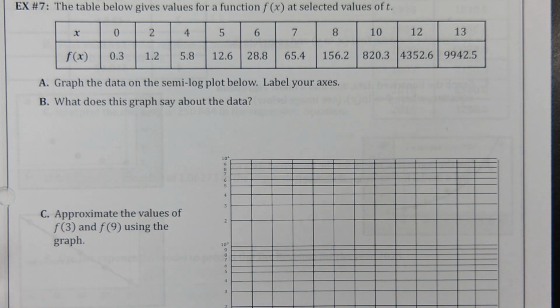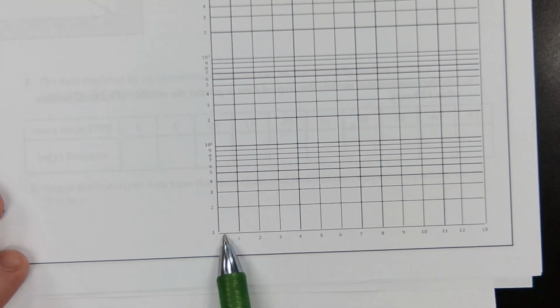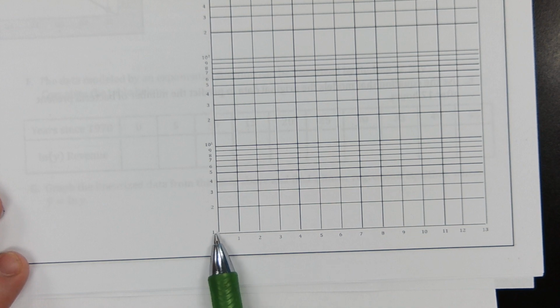So graph it. Let's see, what's a good color? I think green. I'm going to plot in green. Now we can't do 0, 0.3 because my y-axis begins at 1.